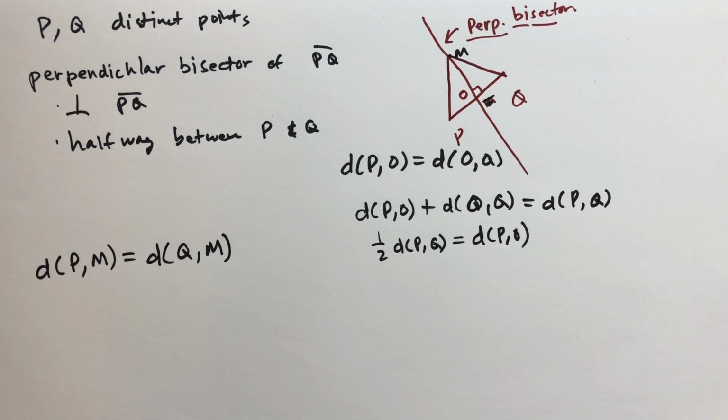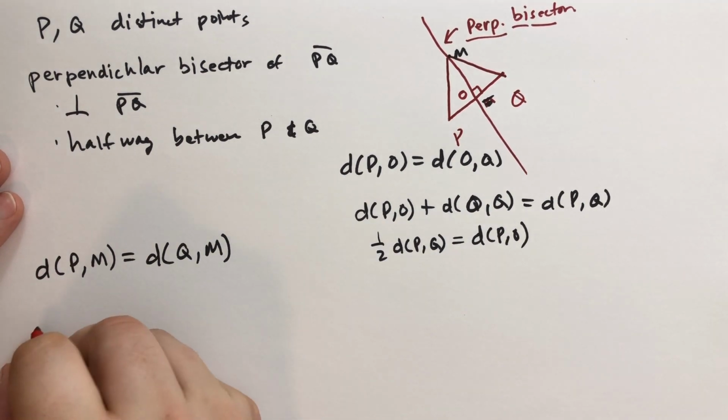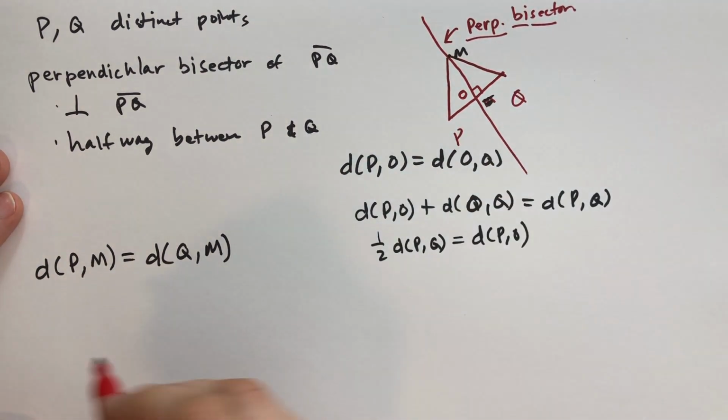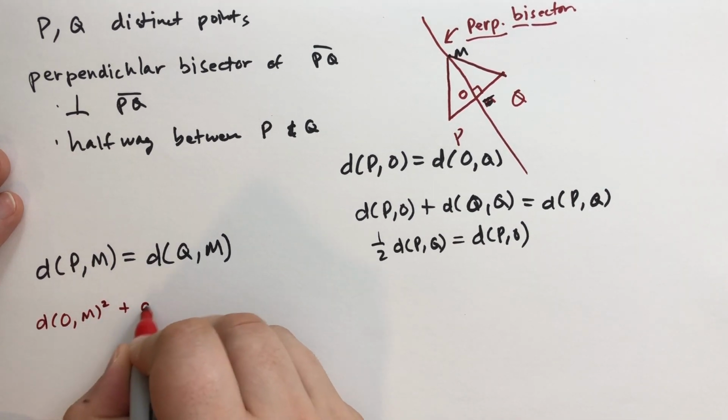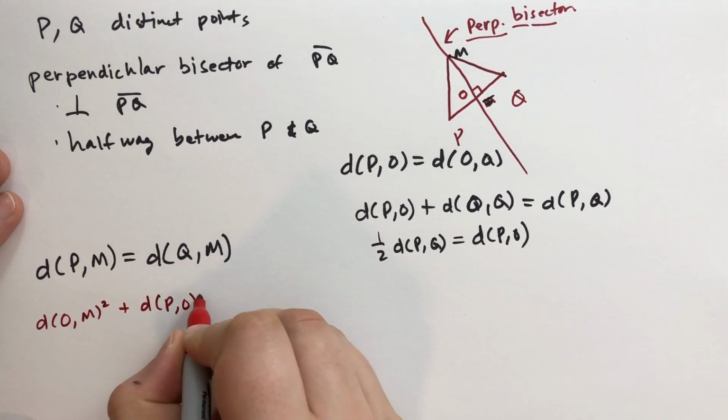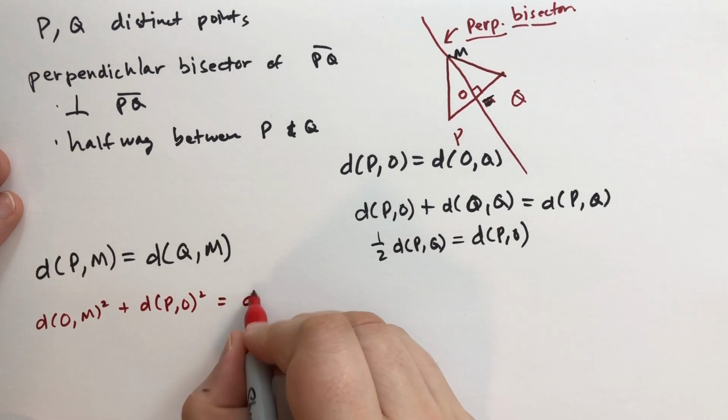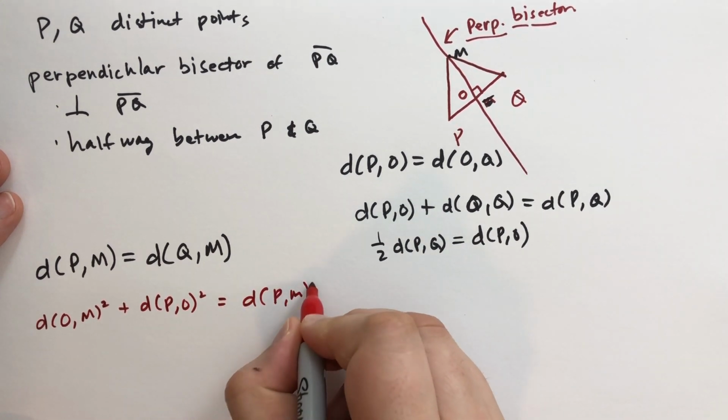By the Pythagorean theorem, the 2 right triangles are the same right triangle. We take the 2 legs: the distance from O to M squared, plus the distance from P to O squared, is the distance from P to M squared.